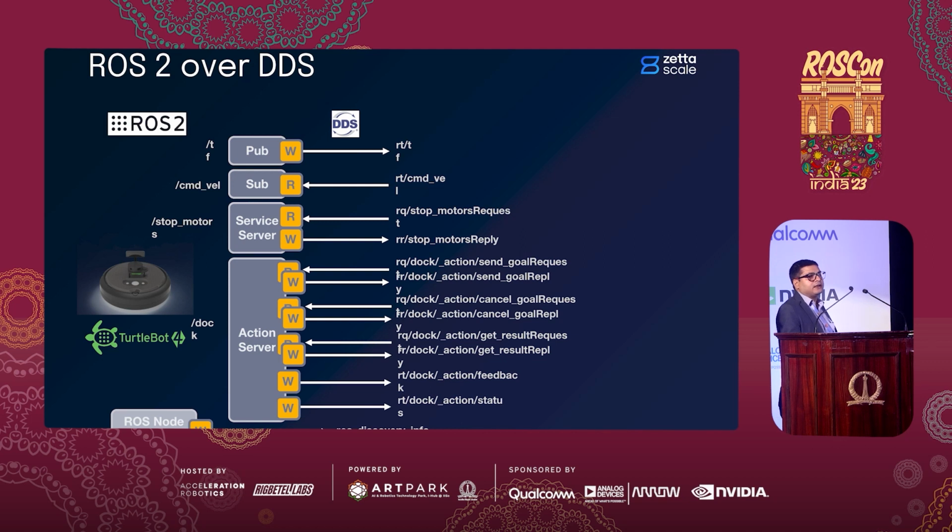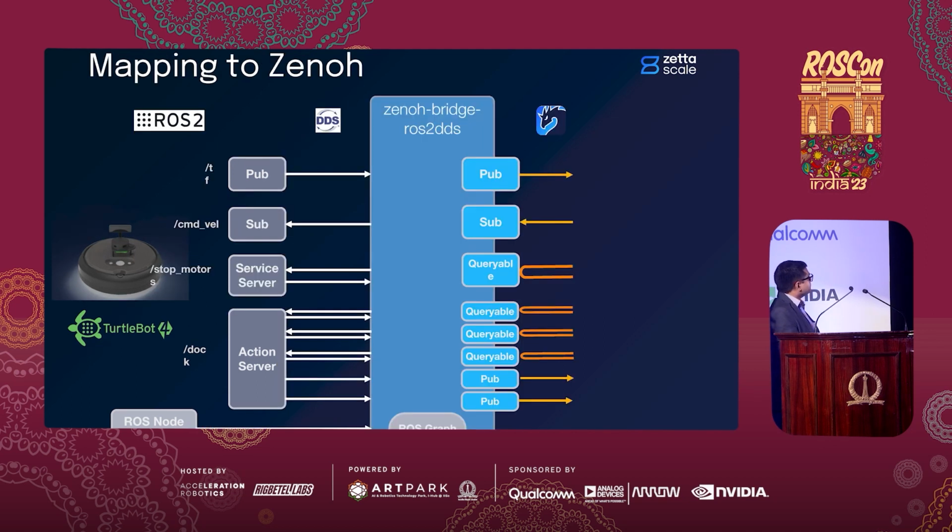So for that you need to create 6 topics, and the corresponding data readers and writers. And for the ROS discovery info, on the DDS side you have the data writer, so that you can reconstruct your ROS node, and it is very useful for the ROS tooling and the client side.